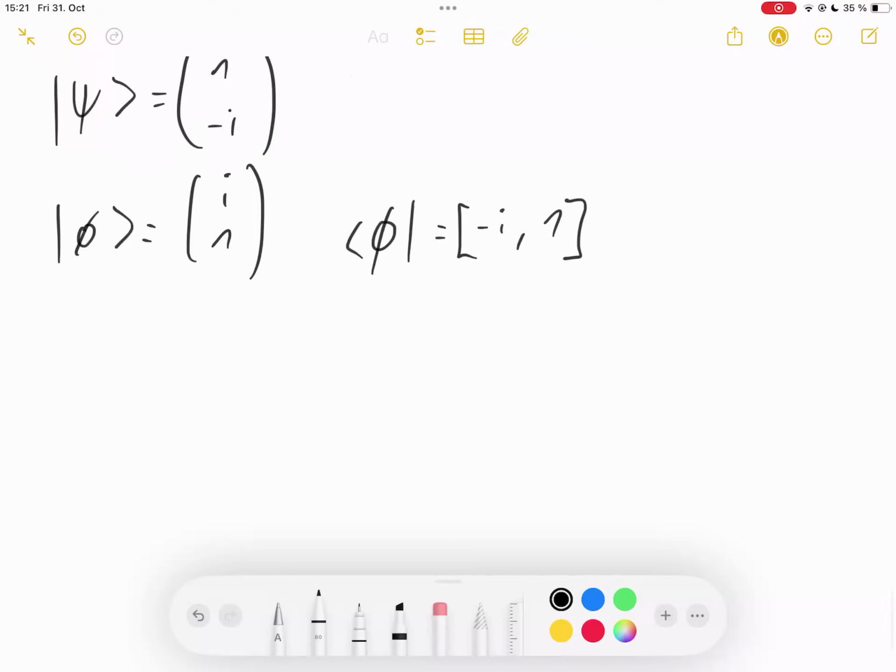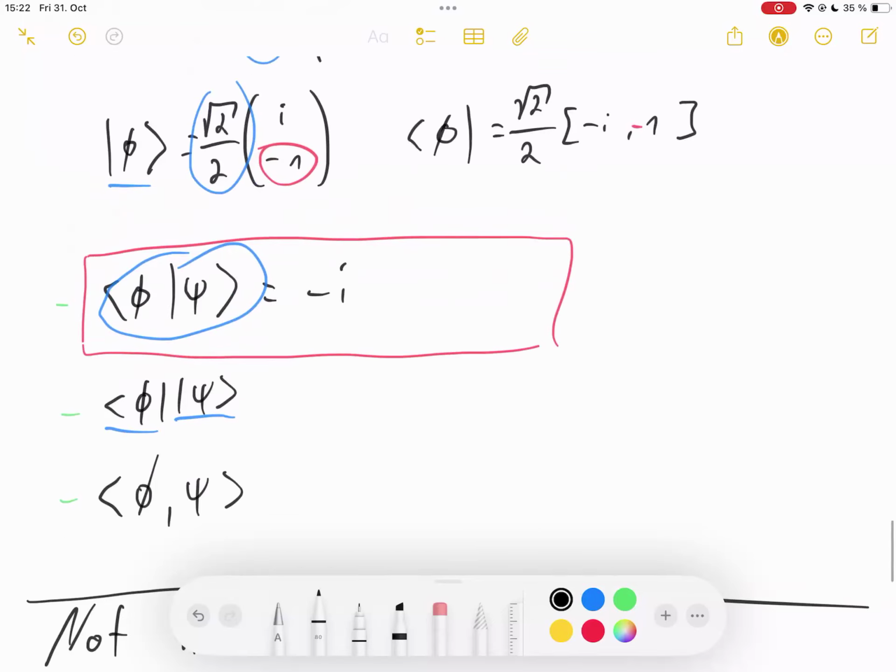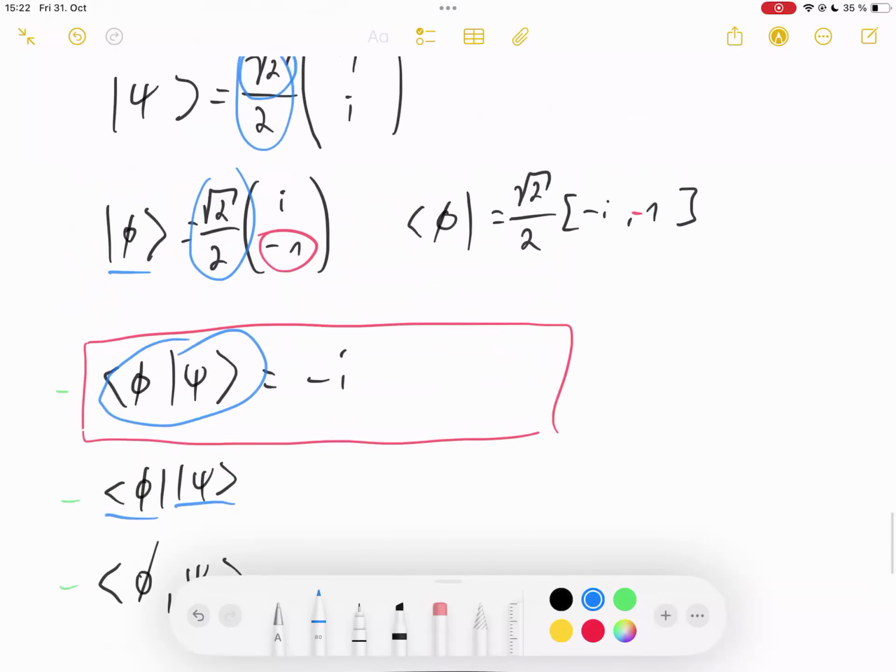When we calculate this inner product, so phi and psi, you would get like -2i, and because they are unnormalized, I need to normalize the product. I just got a question here from one student about this one here.